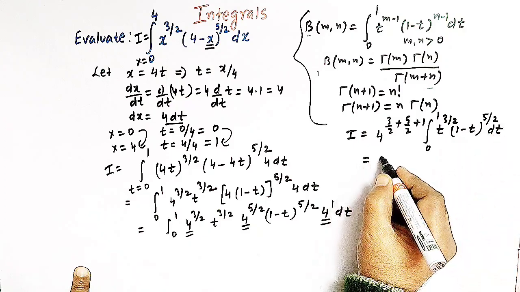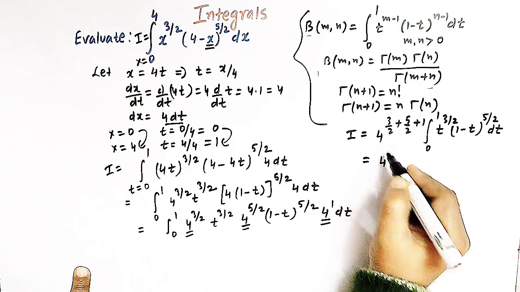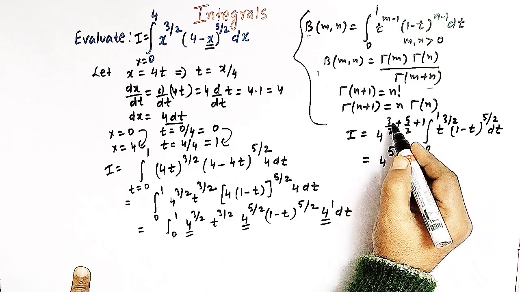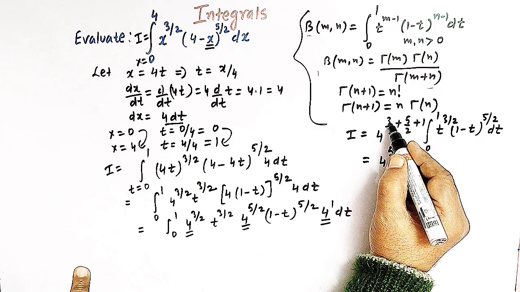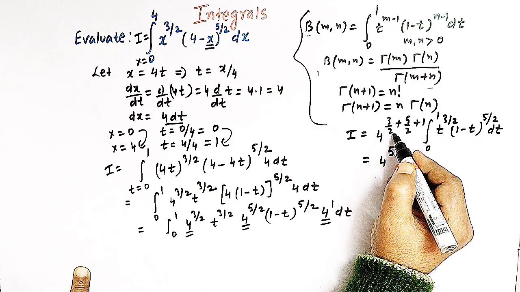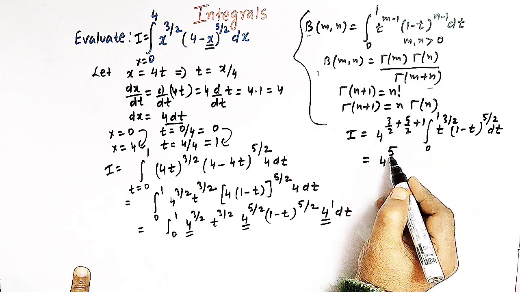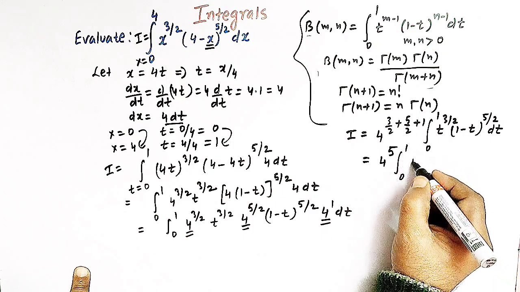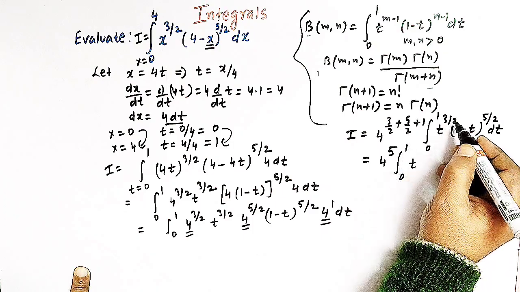So now this expression is equal to 4 raised to 5, because here 5 plus 3 is 8, 8 over 2 is 4, 4 plus 1 is 5, and we can now write the integral from 0 to 1 of t raised to 3 by 2.